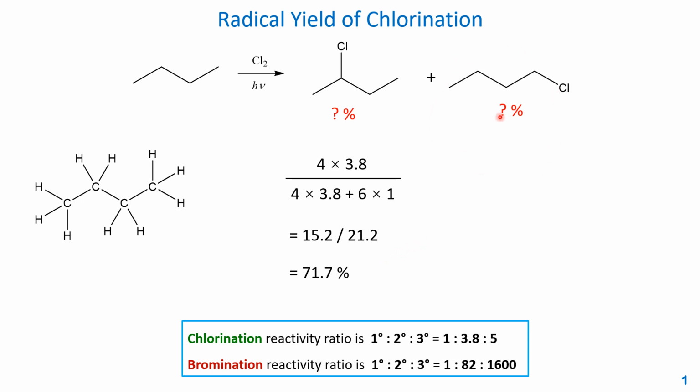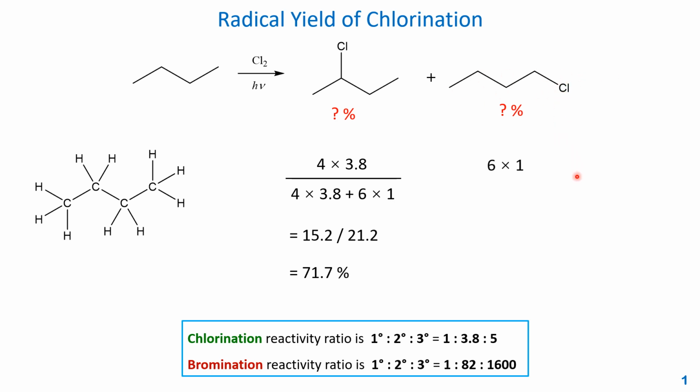Now look at the other possible product. The chlorine will replace one of the primary hydrogens. We have 6 equivalent hydrogens, meaning they are symmetric and in the same environment. Any one of them can be replaced by chlorine to form the same product.